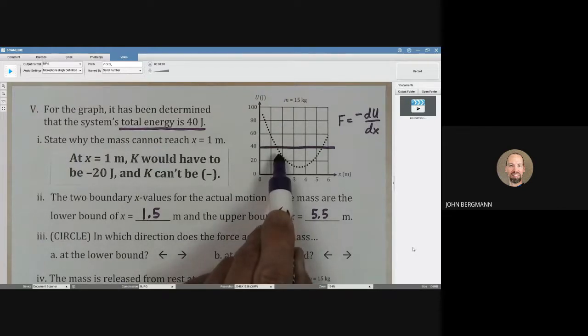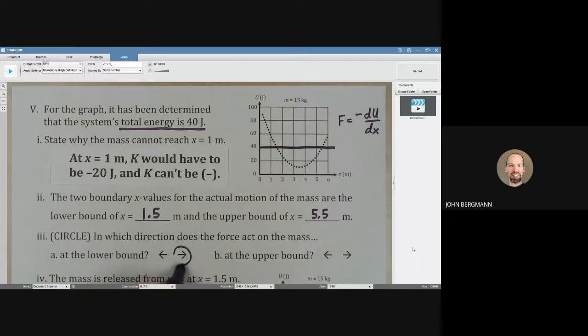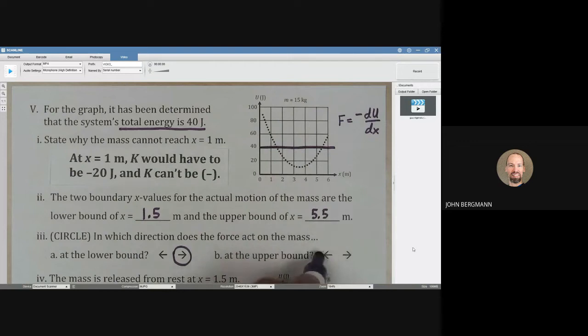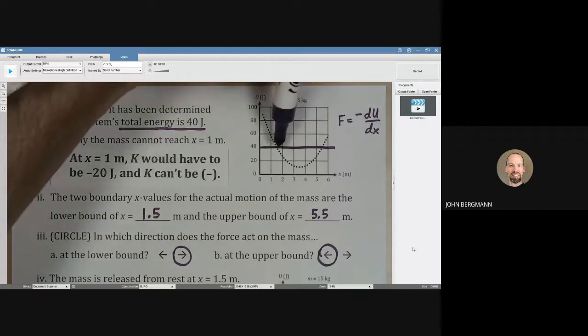And which way horizontally on the x-axis does a positive force point? This way. And how about at the upper bound? That's a positive slope, so that means we have a negative force, which points that way. And that means that this mass is going to be trapped within that region of space there.